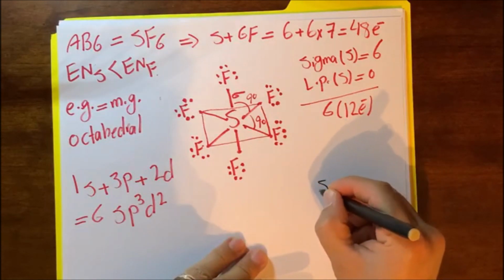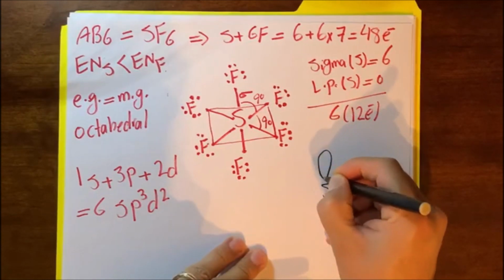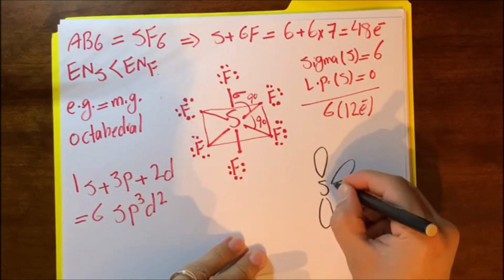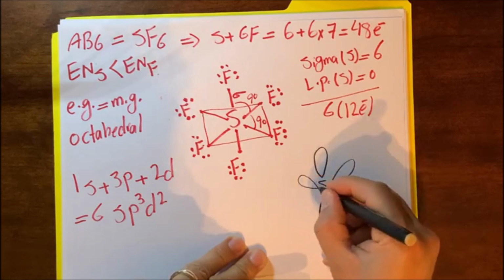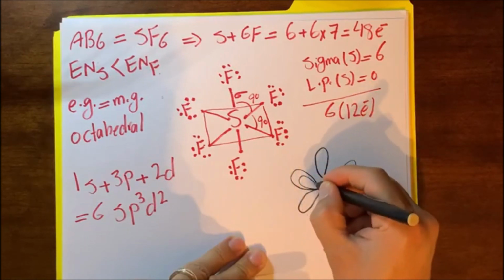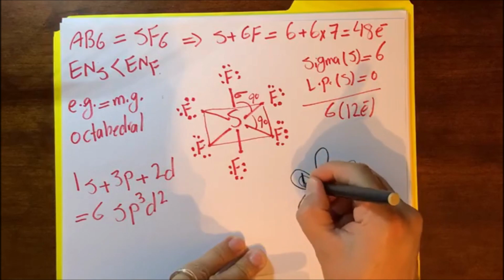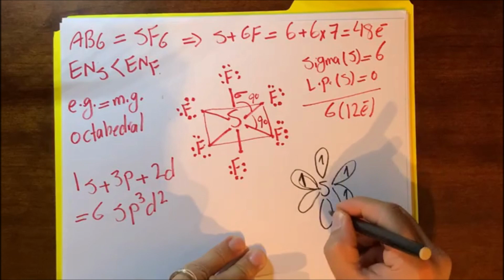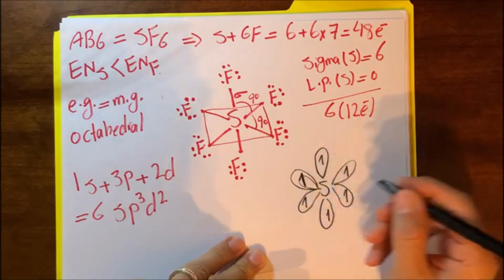Sulfur with 6 hybrid orbitals. So this one should be bigger. So I'll put 1 electron inside each orbital.